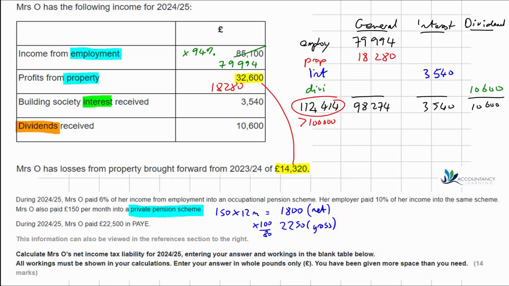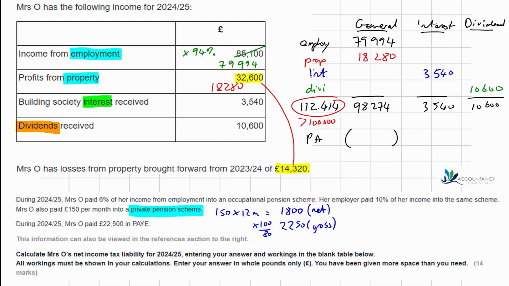So we need to work out how much of our personal allowance is going to be reduced. So ordinarily, our personal allowance would be 12,570, and we deduct that from our general income before we start doing all that stacking. But because our income is more than the 100,000, that means our personal allowance is going to be reduced. Okay, so it's not going to be that full amount.